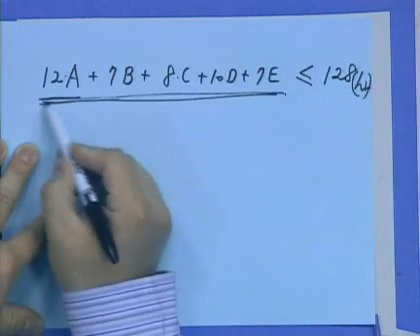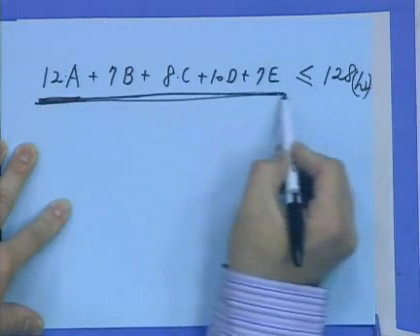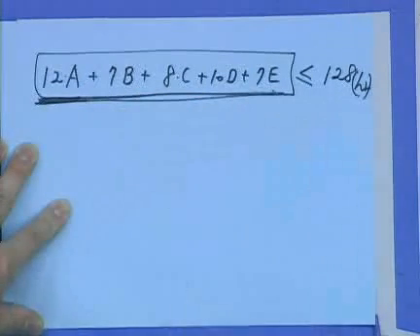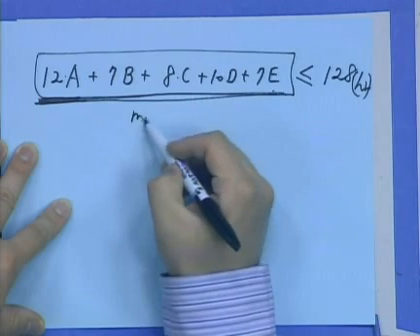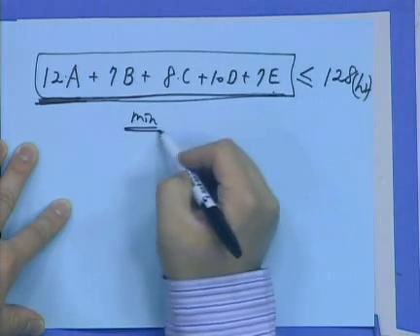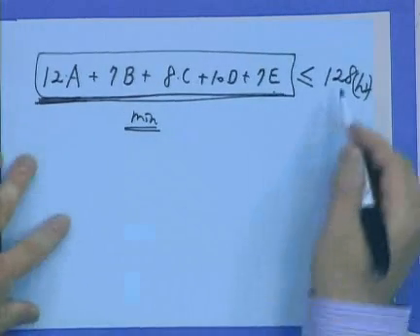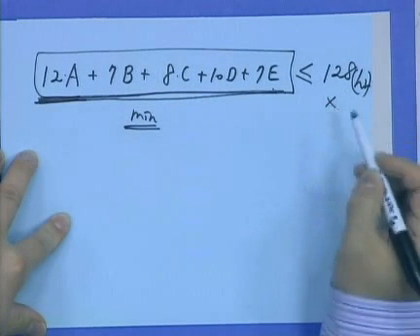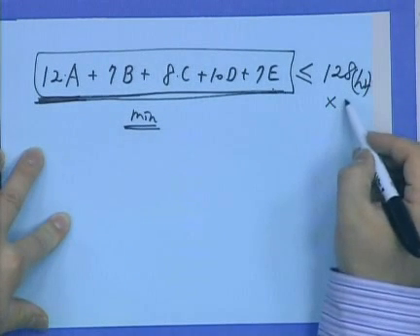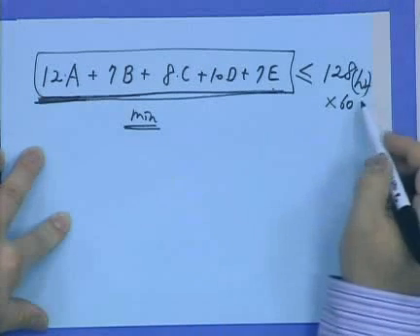Because the unit for the left-hand side is minutes, right? So what you need to do is multiply the right-hand side value by 60.